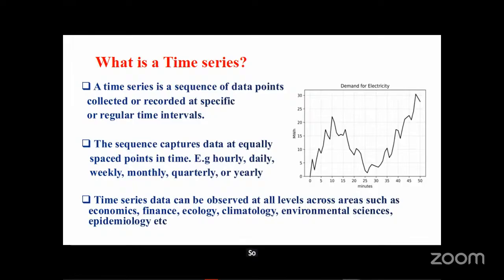So time series data can be observed at all levels across areas of risk, demand for electricity, and this is collected over minutes.